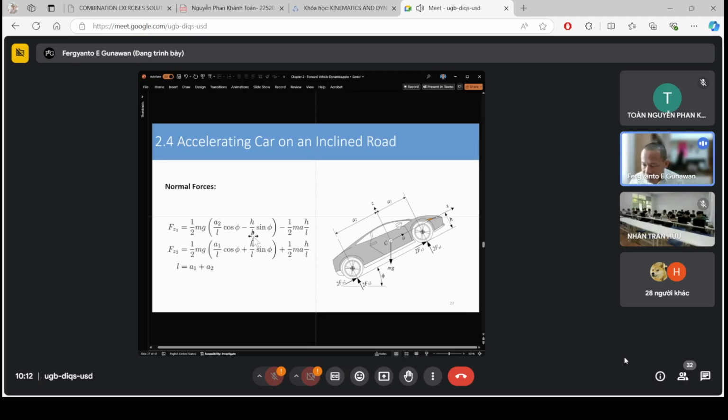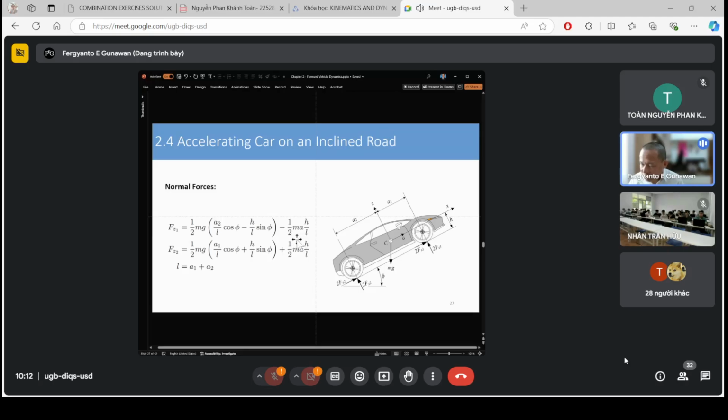This is the force acting when a vehicle is parked, not moving on an inclined road, as given in the previous sessions. And when the car is accelerating, we have additional forces acting on it, right?